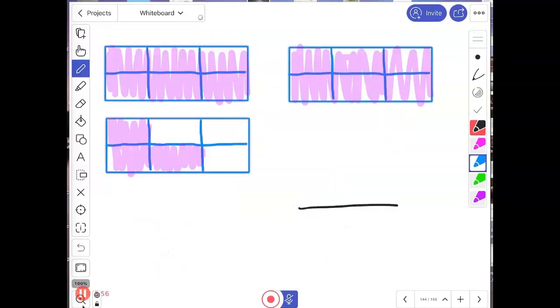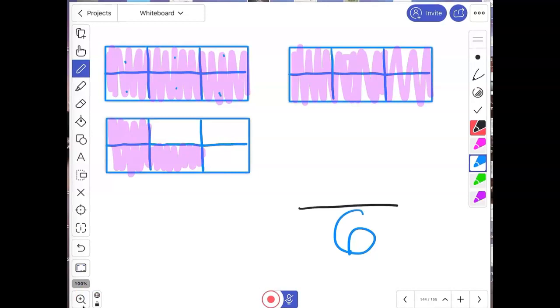Here's another one. Let's call this one brownies. After we ate the pizza at the party, we had brownies. I baked 3 pans of brownies. Each pan had 6 brownies in it. See? 1, 2, 3, 4, 5, 6. There's 6 brownies in one whole.